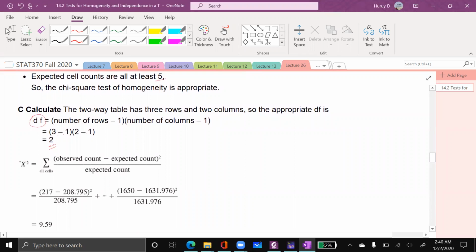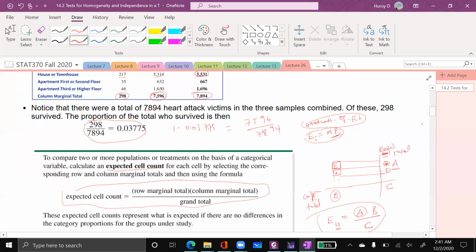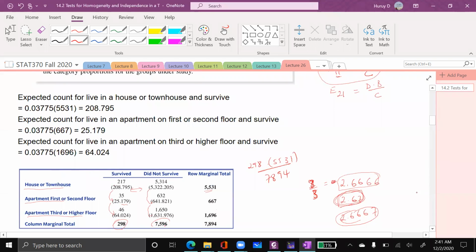And the test statistic is given by this formula. You find the difference between the observed and the expected, square it, divide by the expected, and you do all this for all the cells. And by the cells, I mean this one.